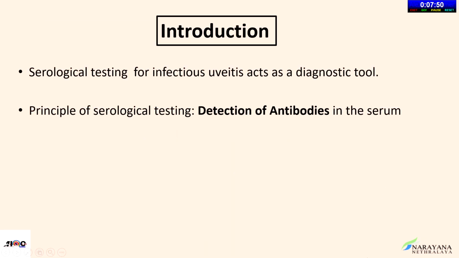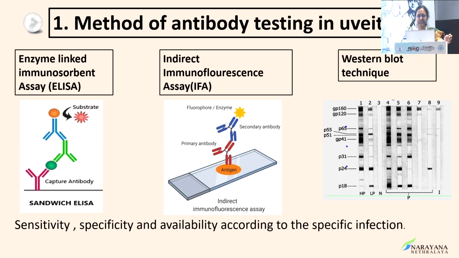The serological testing for infectious uveitis can be used as a diagnostic tool to diagnose various infections like bacterial, fungal, viral, and parasitic infections. The principle of testing is that it detects the antibodies in the serum. The first question is, what methods can be used for antibody testing in infectious uveitis?